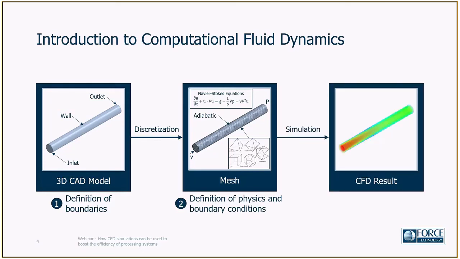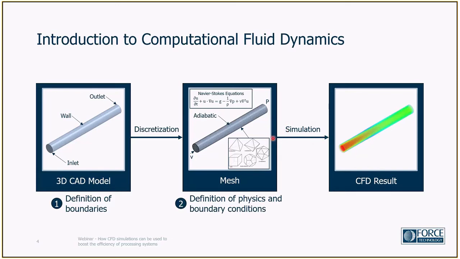And after setting the physics and boundary conditions, we run the simulation, and this is where the equations are solved numerically on each cell of the domain. And this is why it is important to understand that the mesh is going to have a big influence on the simulation time, actually.